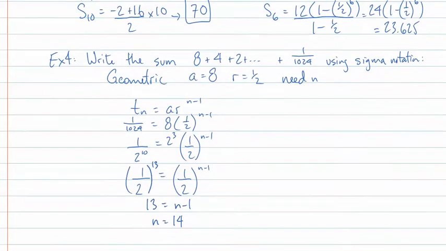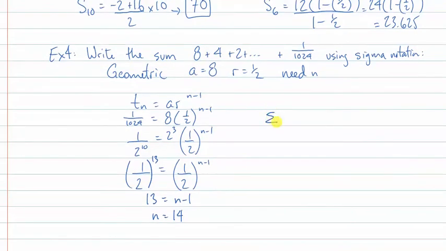So, lastly, let's write a sigma. I'm going to say k equals 1. We often start at 1. I want 14 terms, so I stop at 14. And let me put my a value here. Let me put my r value here. And all I need now is to figure out what to do with k, with this counter, to make the exponent that I want. Now on term 1, I want it just to be 8. So I don't want this exponent to have any value other than 1.